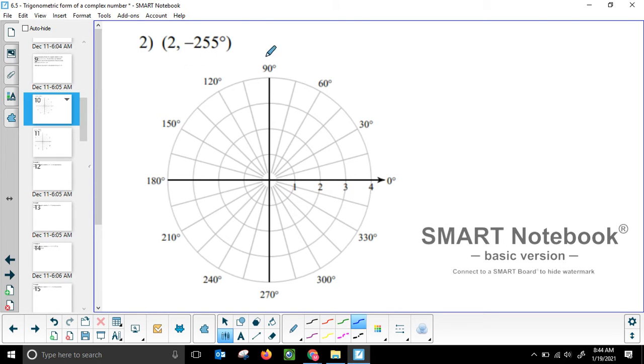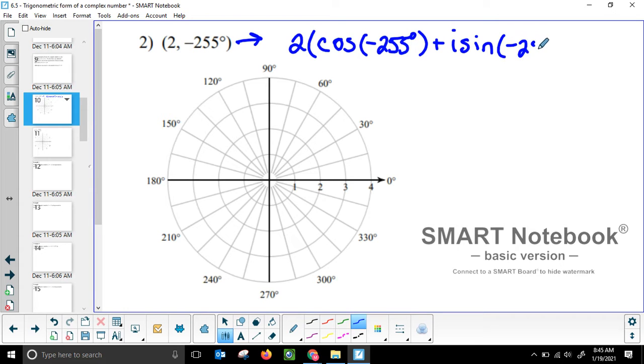So this really corresponds to 2 times cosine of negative 255 degrees plus I times sine of negative 255 degrees.